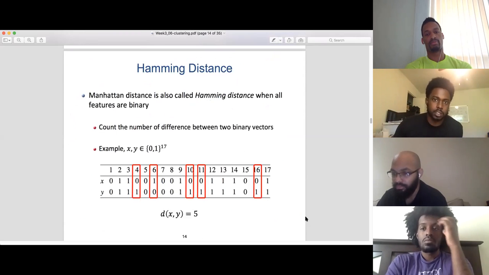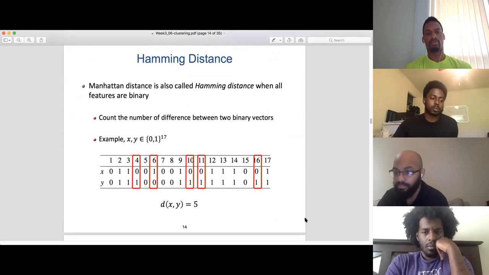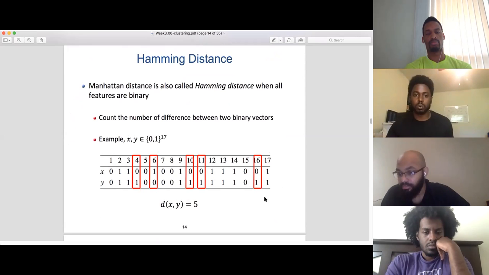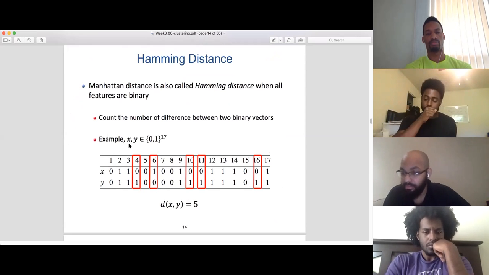Let's talk about Hamming distance. This is fascinating. We talked about Manhattan distance before. In this example, X and Y are binary vectors with 17 digits.